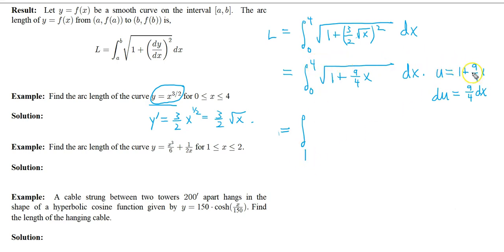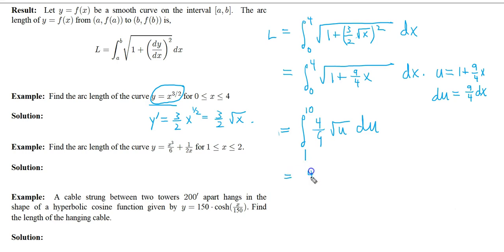If we put 4 in for x, the u becomes 10. dx will equal 4/9 du, taking the 9/4 over. This becomes the square root of u, like that.